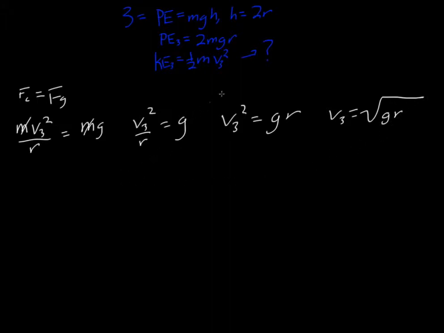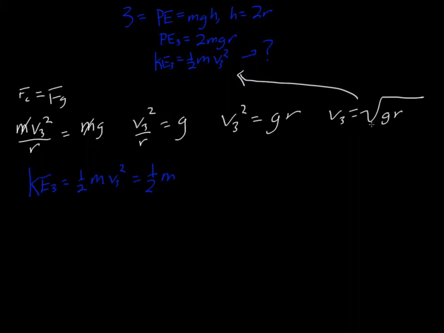So therefore, we can actually plug it into that equation to get our kinetic energy at point 3. So our kinetic energy at 3 is going to be equal to 1/2 mass times velocity at point 3 squared, equal to 1/2 the mass.